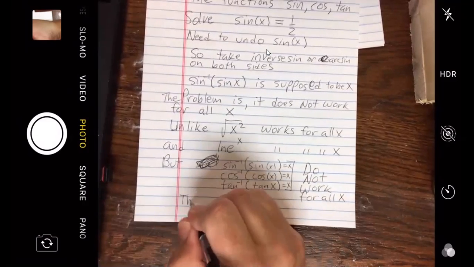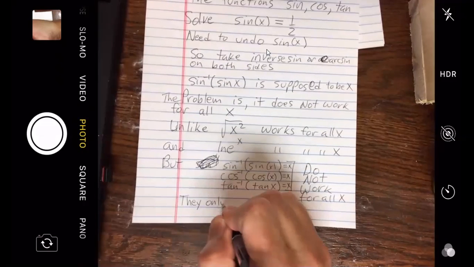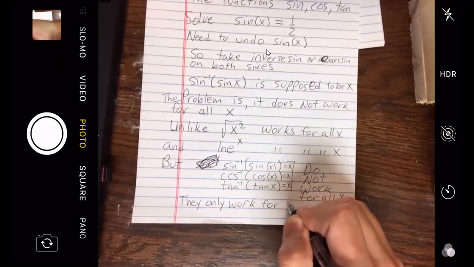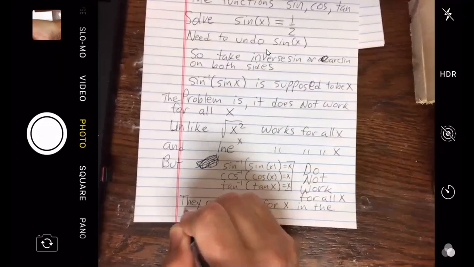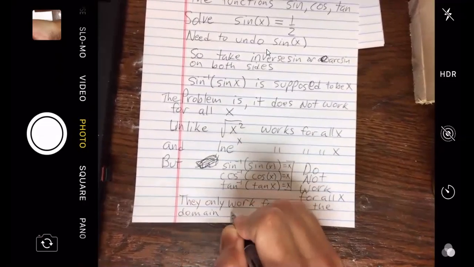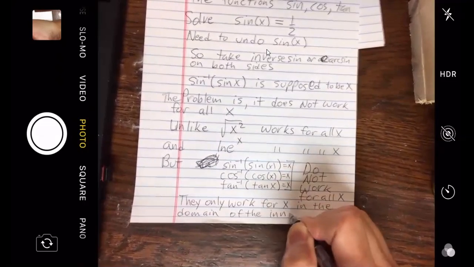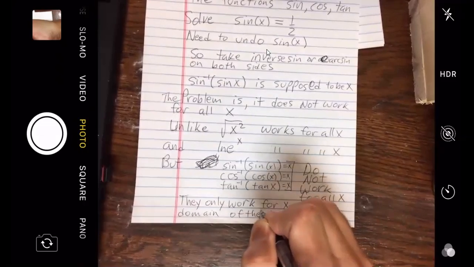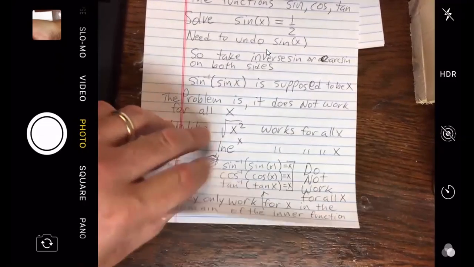They only work for x in the domain of the inner function. And you can see why.